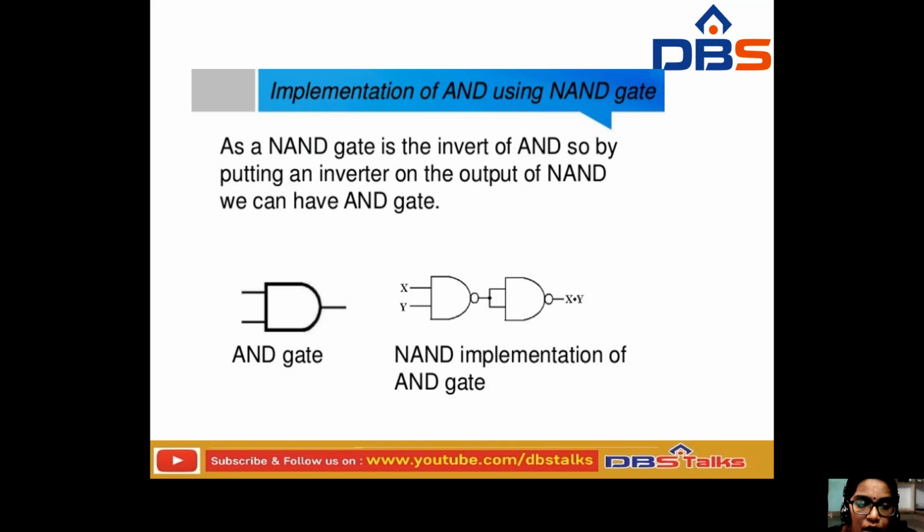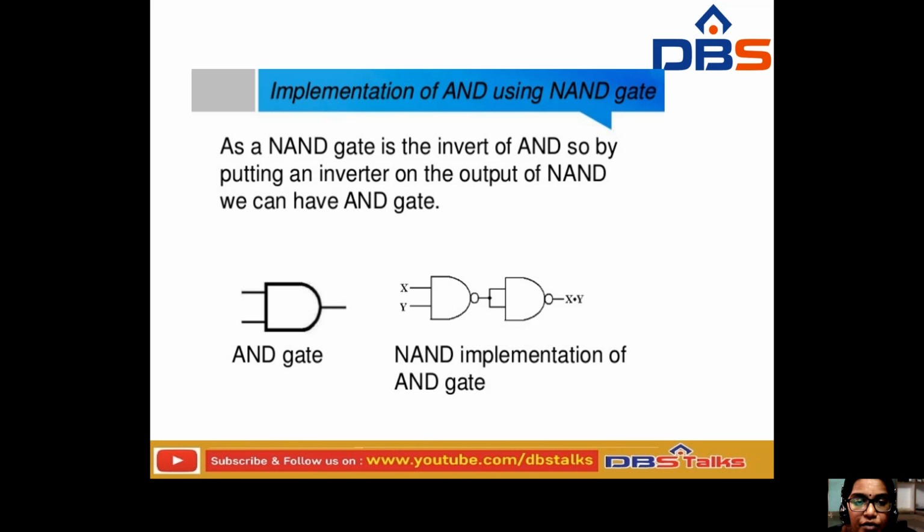Then how are we going to implement the AND using the NAND gate? See here, this is the AND gate, an AND gate with two inputs. A NAND gate is the inverse of the AND.